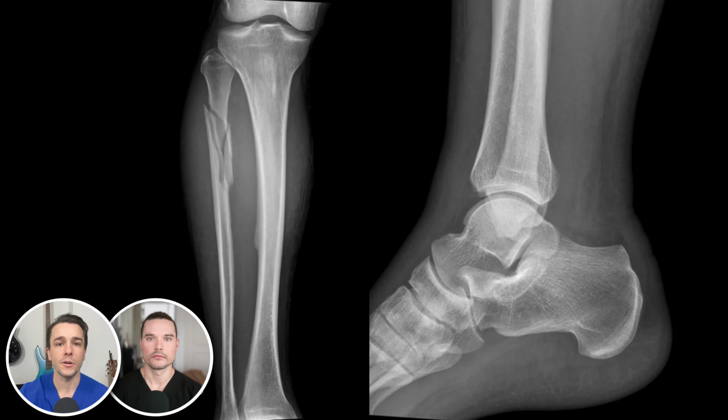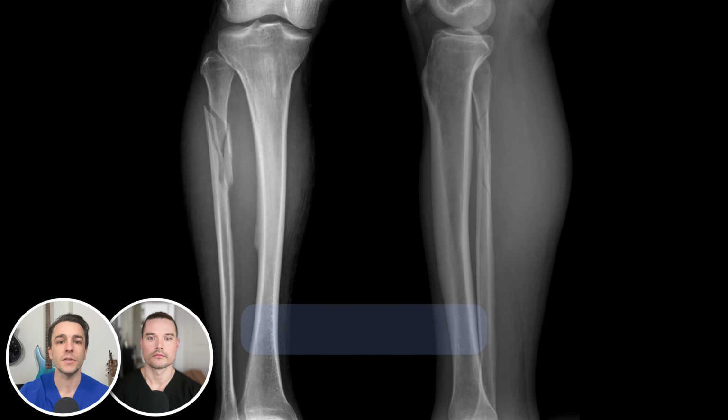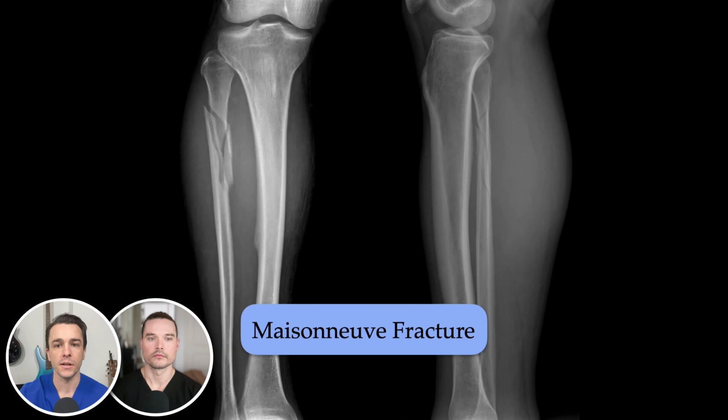If you did that, you'd probably elicit some pain because they have something called a Maisonneuve fracture. That is the translation of those forces from that pronation and external rotation mechanism of injury up the fibula towards the proximal fibula, causing a fracture up there, completing this Weber C fracture.